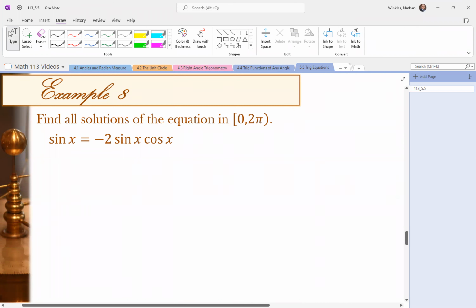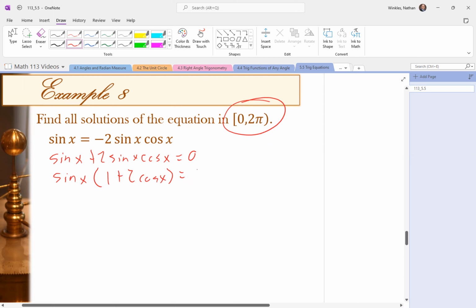So we're told, find all solutions again in this interval. Sine of x equals negative 2 sine x cosine x. So first thing I do, I'm going to get everything on one side. So sine x plus 2 sine x cosine x equals 0. Factor out a sine x. So you have sine x times 1 plus 2 cosine x equals 0.